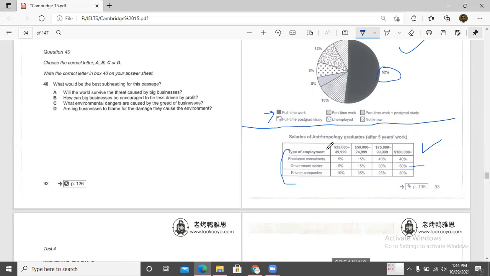This is the salary, this is their percentage, and this is the job. This is the percentage of students. If you compare 50,000 to $75,000, 35% of graduates were there.